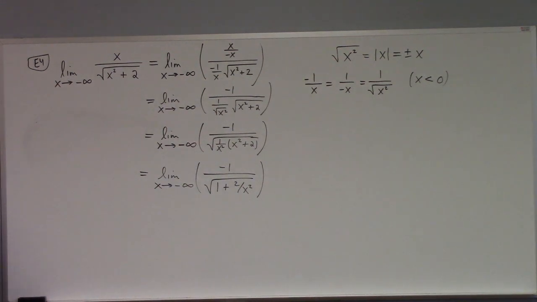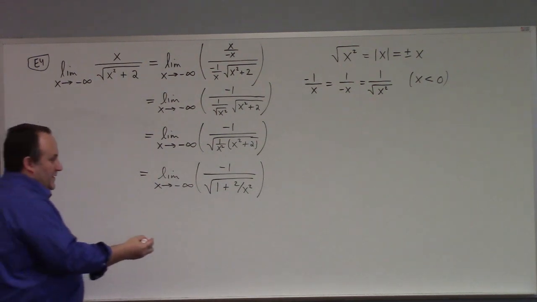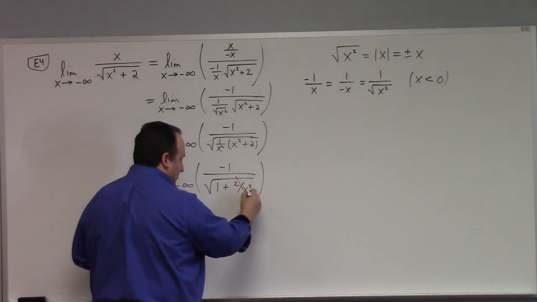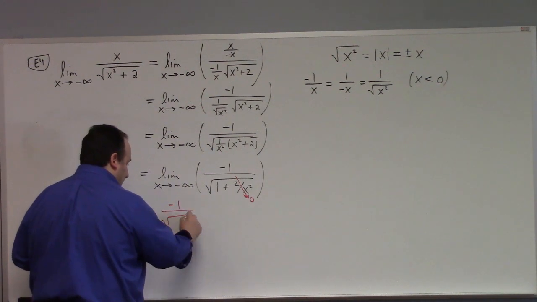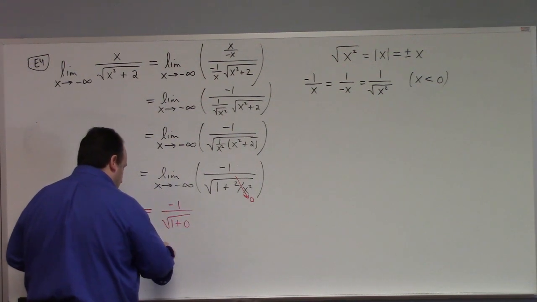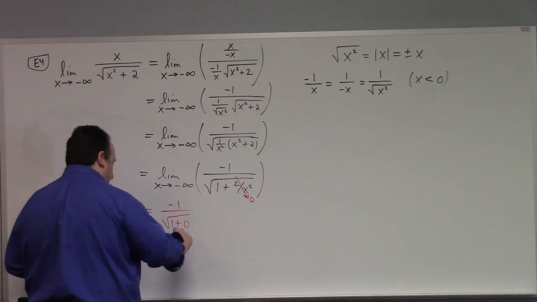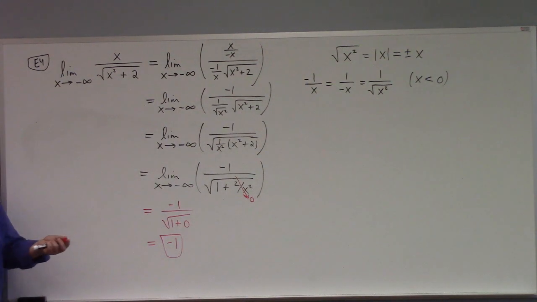At this point, we've resolved the limit, right? Because now you can think about taking the limit as x goes to infinity. It should be clear now what happens, right? The 2 over x squared, this guy goes to 0, right? And what you got is just minus 1 over the square root of 1 plus 0, also known as minus 1. And that's why we numerically found minus 1 when we plugged in minus 100, right?